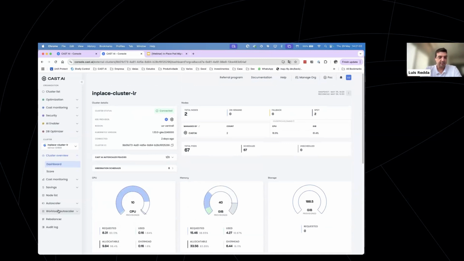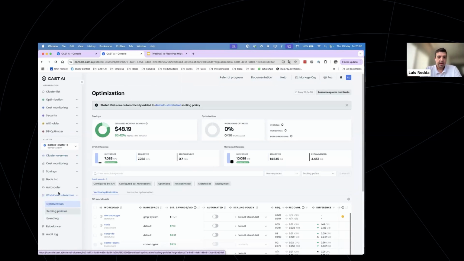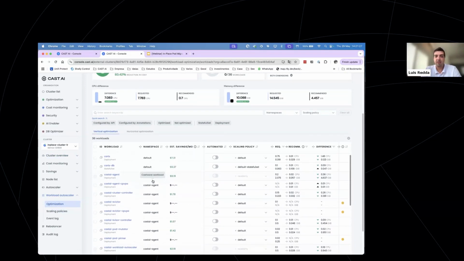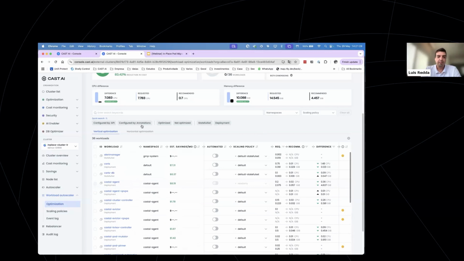We have here in the menu the option workload autoscaler. And here is where the magic happens, right? You can see here above the percentage that we are expecting to reduce in the cost, all the CPU difference that we are expecting, or memory, right?